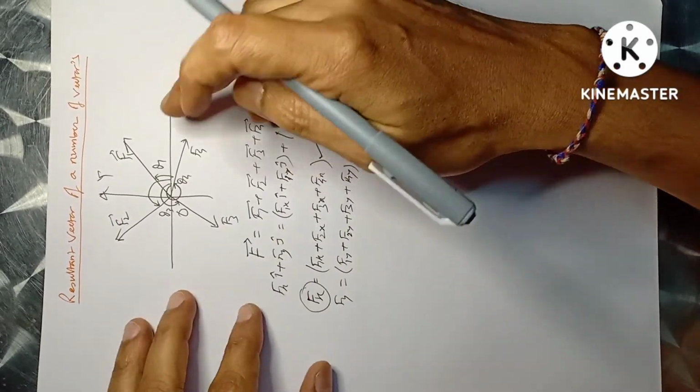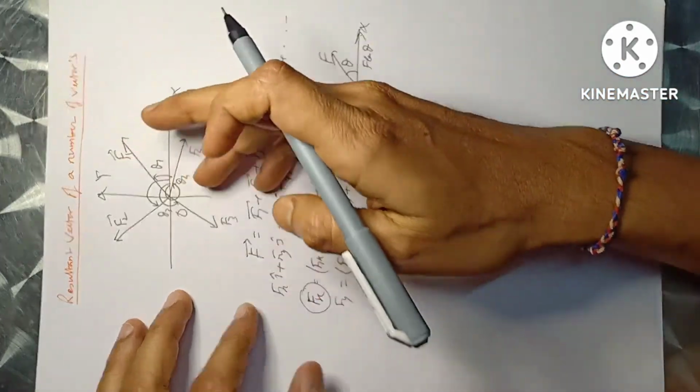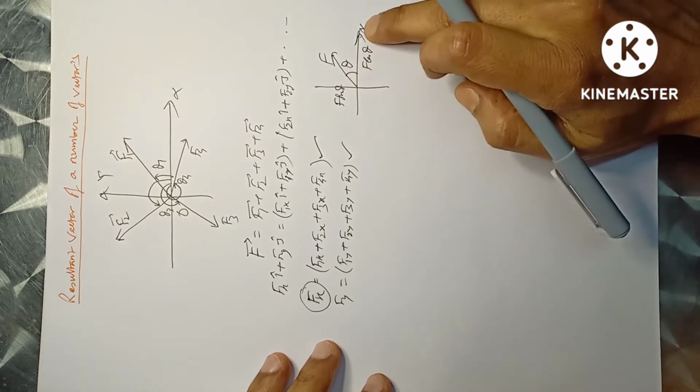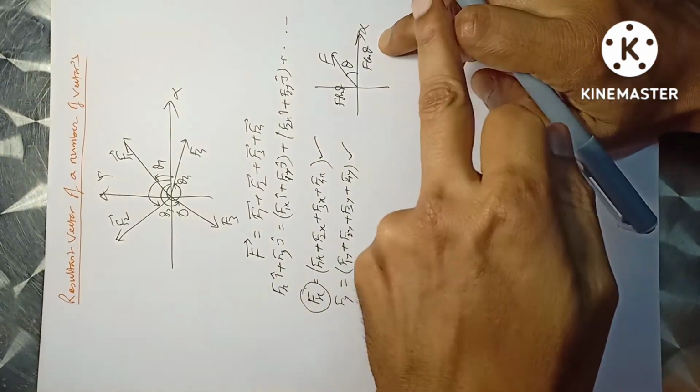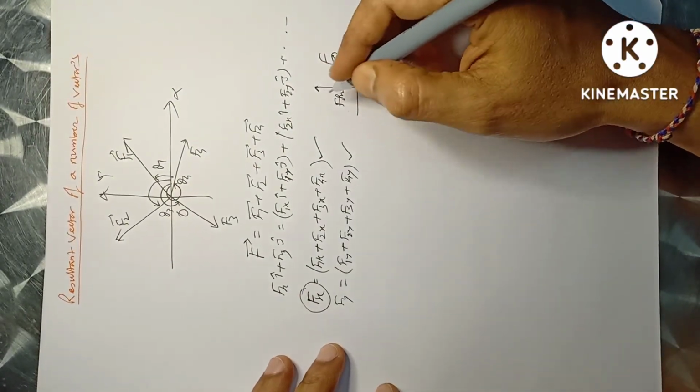Then in this case the x component will always be cos theta and the y component always sin theta. If theta is made with the x-axis, then the x component is always f cos theta and the y component is always f sin theta.